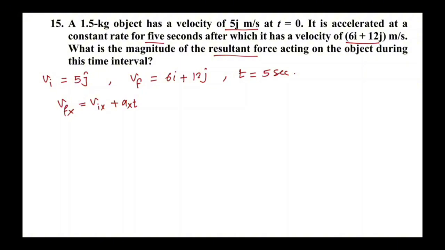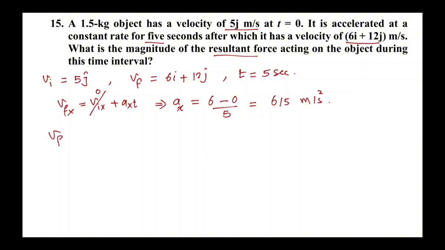So let's calculate here ax. Now V final x equal to V initial x plus axt. Now initial x, it's 0 in this case here, and ax equal to 6 minus 0 divided by 5, or 6 over 5 meter per second square.